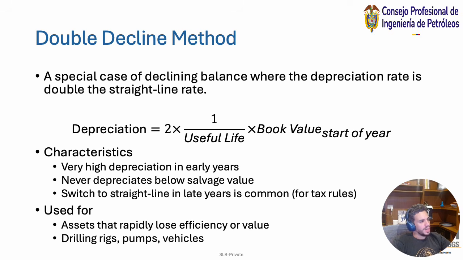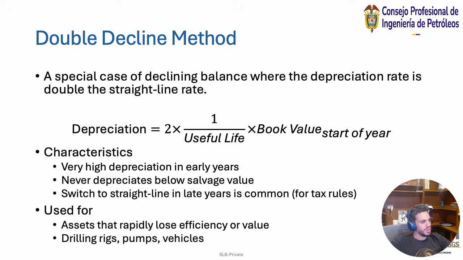The double declining method is also very similar, but you're just multiplying by 2. And this is for declining balance, where the depreciation rate is double the straight line rate. The reason you would use this is because it has a much higher depreciation in the early years. So you are pushing that magnitude by 2, right? And it never depreciates below the salvage value.